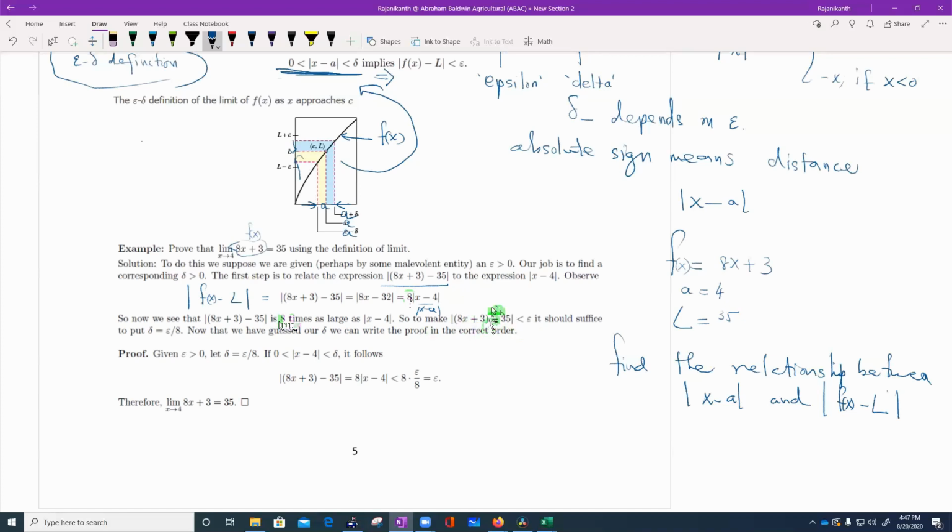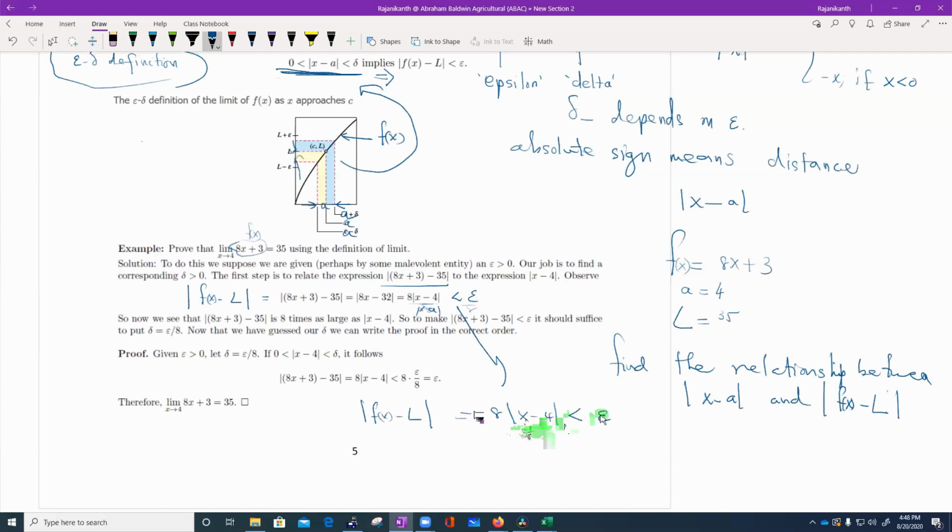If you want to make |f(x) minus L| less than epsilon, that means your |x minus 4| should be less than, if you divide by 8 on both sides, epsilon over 8. Here, 8 times |x minus 4| is my absolute f(x) minus L, but if I write this as less than epsilon, how can I connect this with x minus 4 and epsilon?